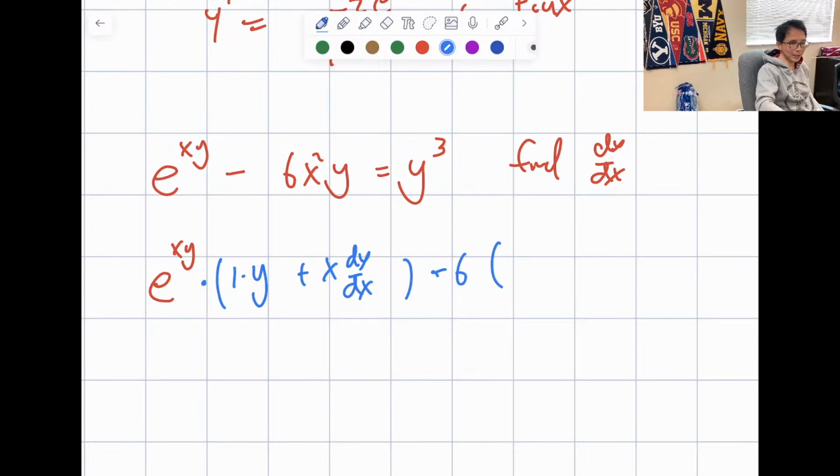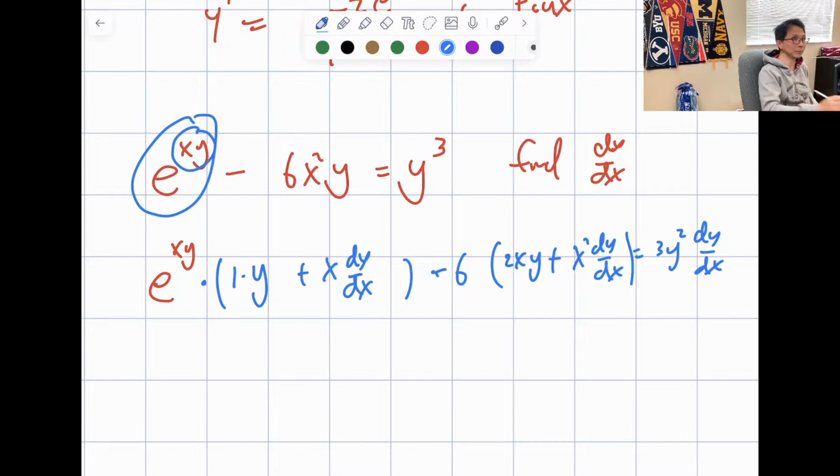Minus 6, and there's a product rule again, so it'll be 2xy plus x squared dy dx, right? And it's equal to 3y squared dy dx. Do you see that? How did you get the first part? It's a product rule. Boom, boom.